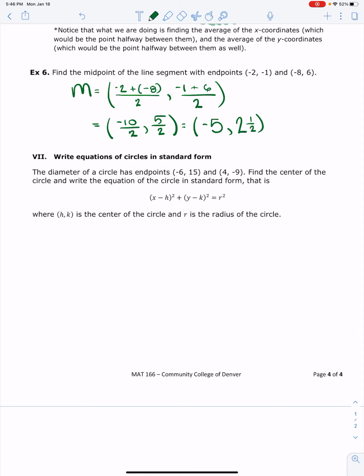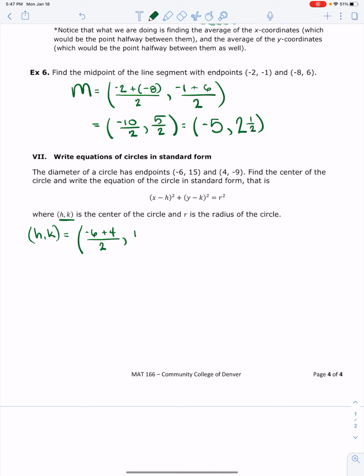So we have the diameter of a circle with endpoints at (-6, 15) and (4, -9). Those endpoints of that diameter is going to run straight across the circle right through the center. So that center, (h, k) is our center, is going to be our midpoint here. I've got my x coordinates, -6 plus 4.